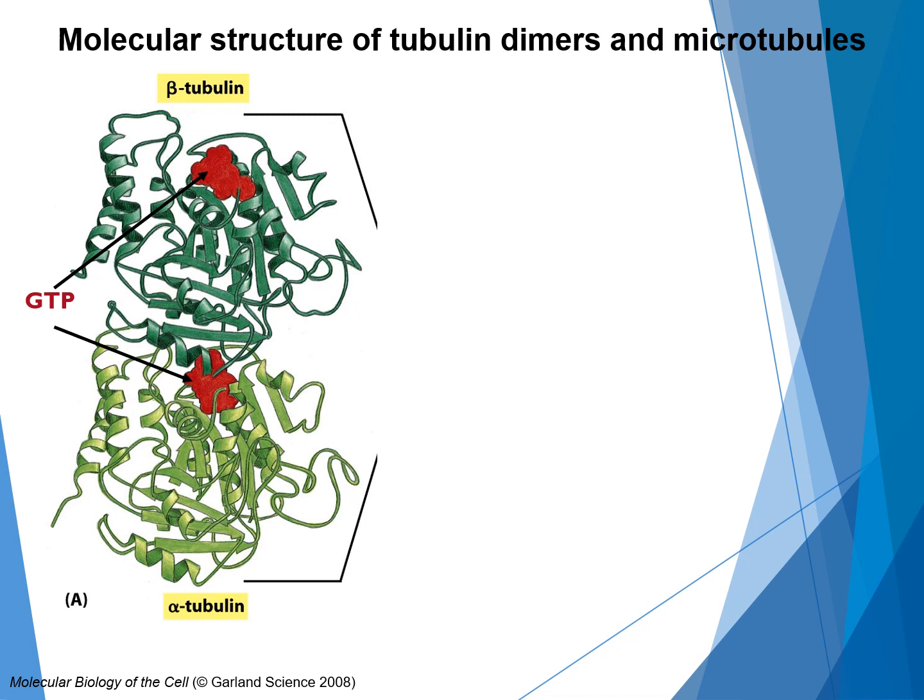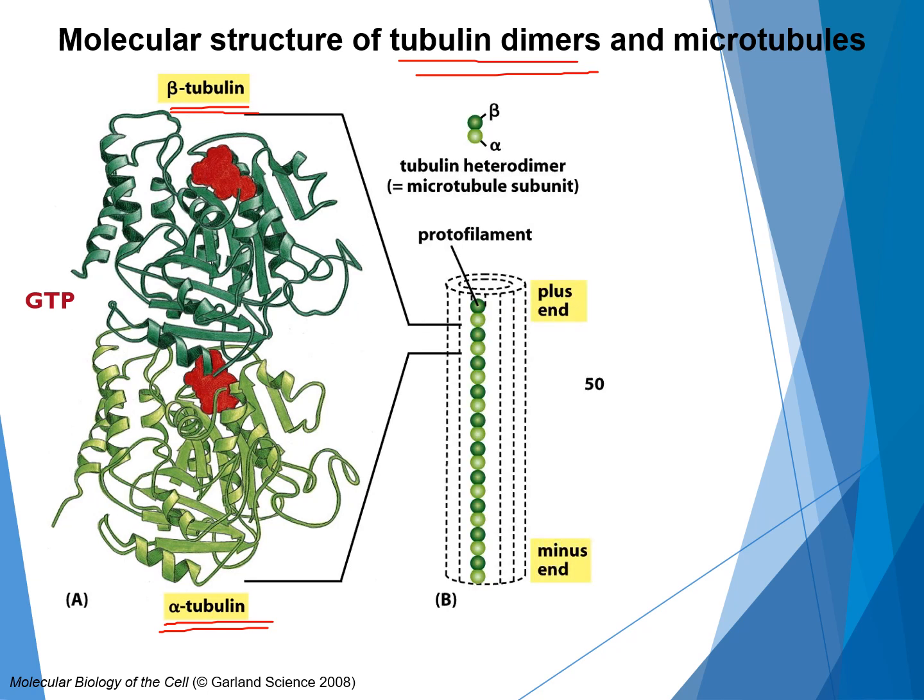While in this microtubule, we have tubulin: alpha tubulin and beta tubulin. Over here is alpha tubulin and here is beta tubulin. These two monomers will form a dimer. We call it tubulin dimers, and they arrange themselves so that they form a microtube structure.